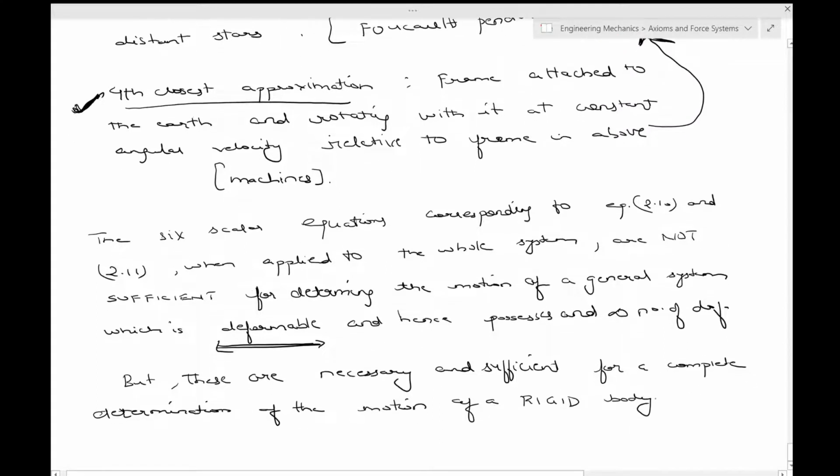Okay, why is it true? Because a rigid body has exactly 6 degrees of freedom. So there are 6 degrees of freedom to be found out, and there are 6 scalar equations. So the problem is exactly answerable.